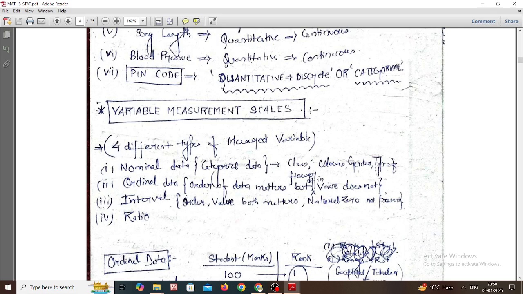Interval: order and value both matter. Natural zero is not present. Just go through this. I will be explaining this whole 4 thing. Ratio data. So these are the 4 types of measured variable. These 4 we will be dealing with in the next class.